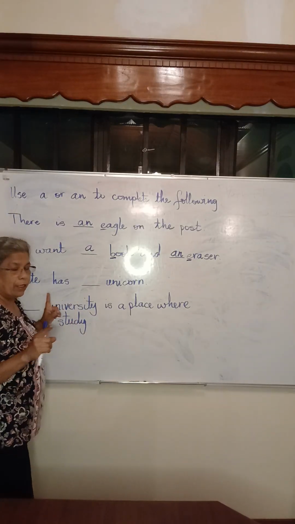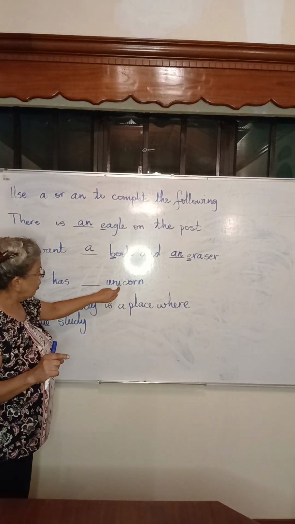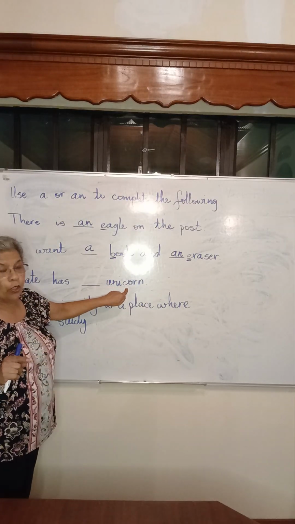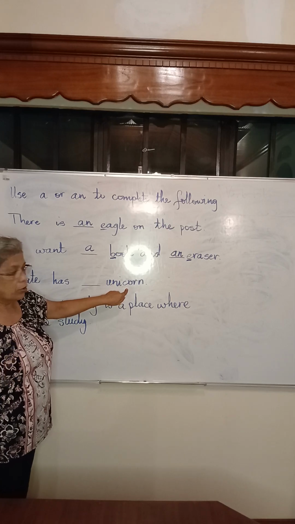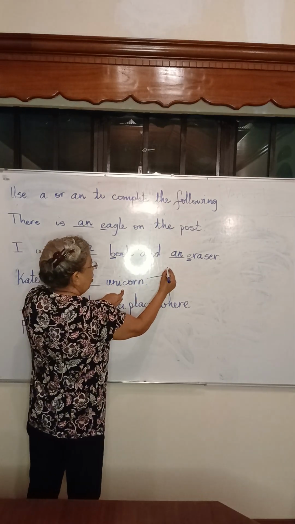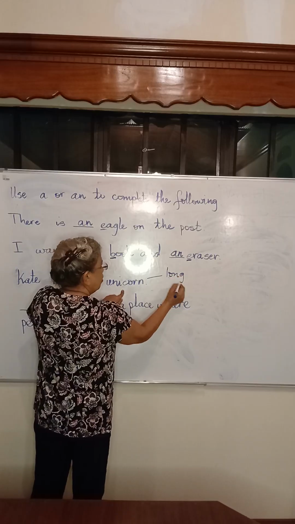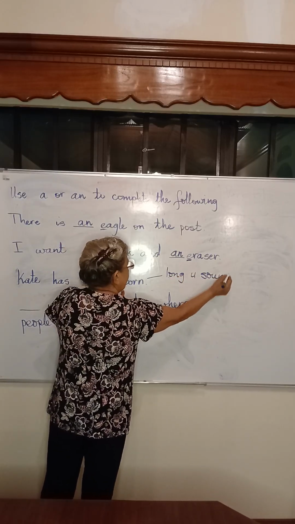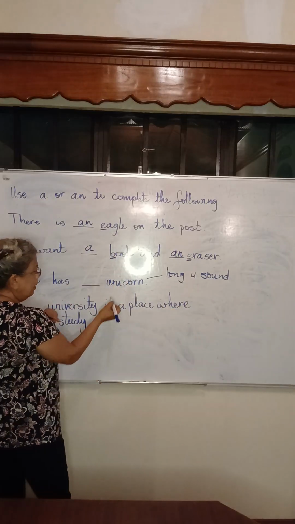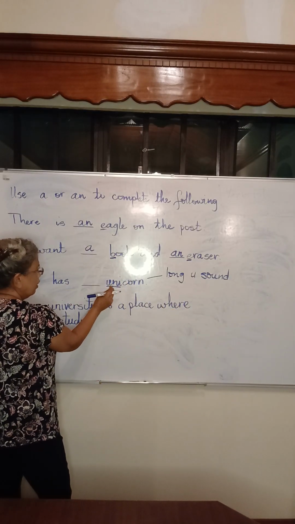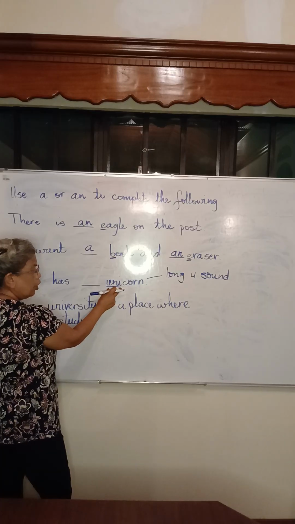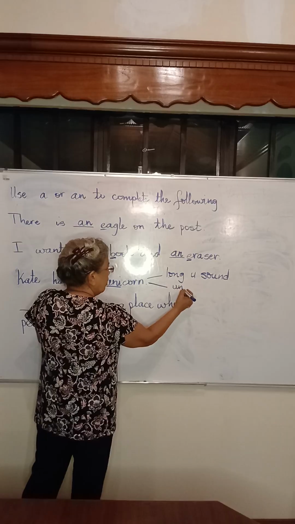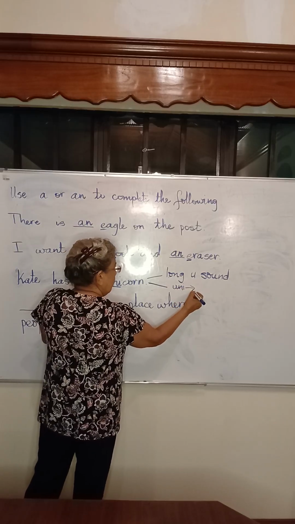Now, there are two ways you can look at this. Unicorn has a long U sound. So that's one way of looking at it. Long U sound. Okay? And then unicorn has a syllable uni here, which means one.